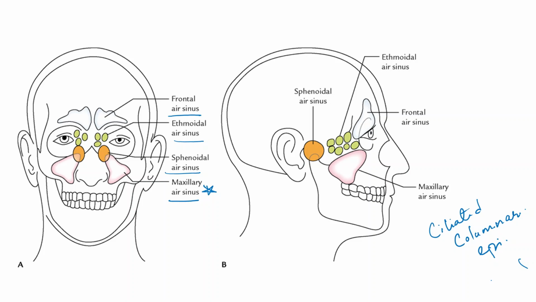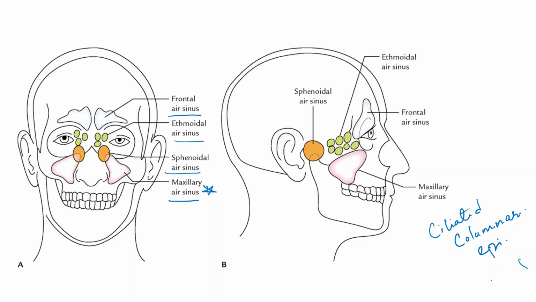We will look at the location of the paranasal air sinuses one by one. Before dealing in detail with the individual air sinuses, we'll have a brief note about the functions of the paranasal air sinuses.